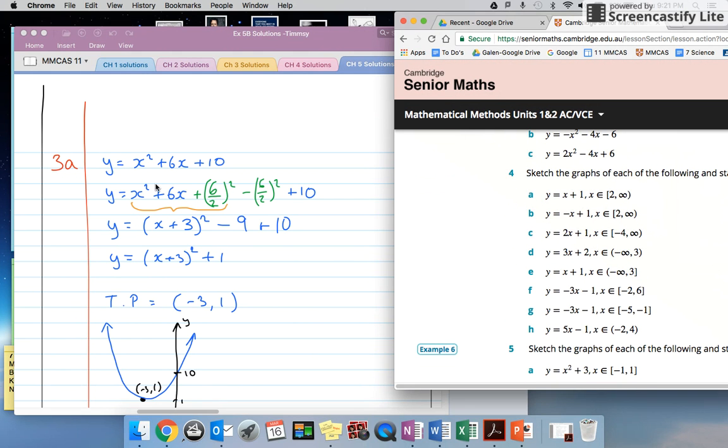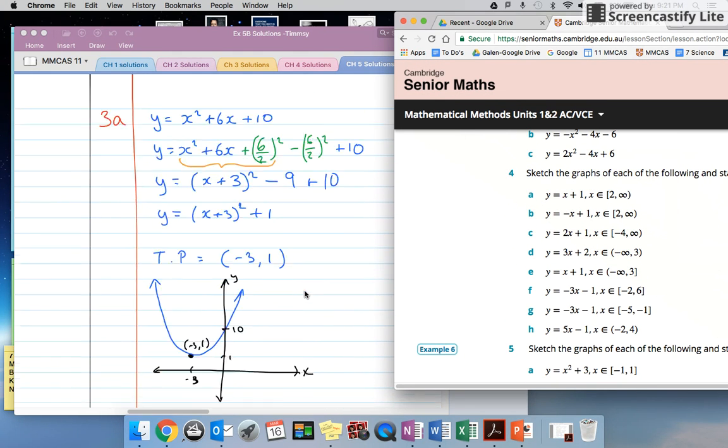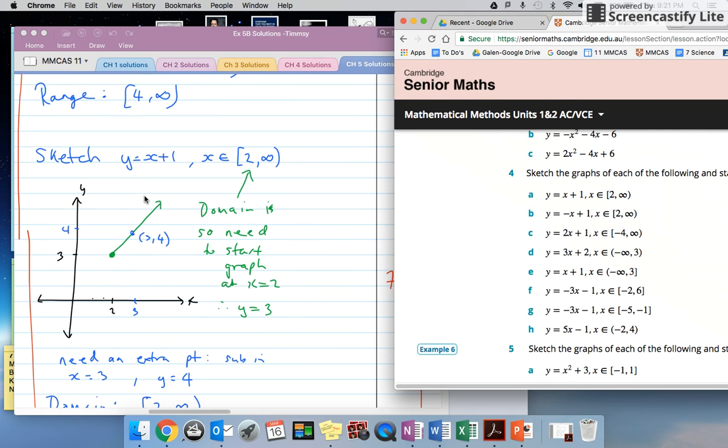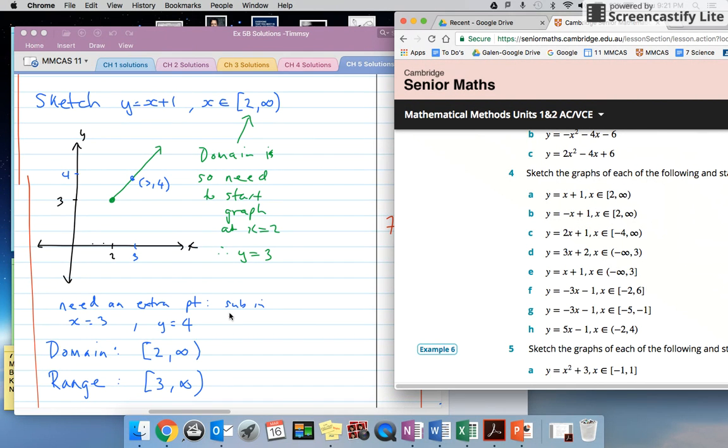We've got sketching graphs. Question 4, did we have to do 4? Yep. So we're sketching graphs again. We've got our domain here because it's restricted. So let's look at subbing in x equals 2. We probably need one other point as well just to define the graph so we can find our domain.